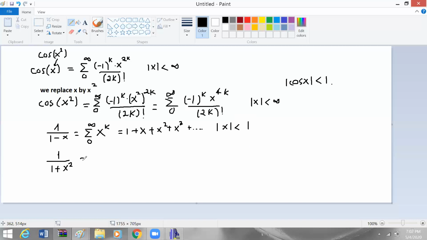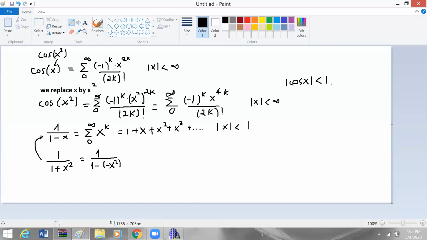So meaning that I'm going to rewrite this term as 1 over, so I'm going to change it to a similar form. So we need to keep the negative sign first, right? Because I need to have the negative term. And then I can also rewrite this as negative x squared, right? So remember 1 over 1 minus x would be equal to the sum of x to the k, and 1 over 1 plus x squared is what we want.